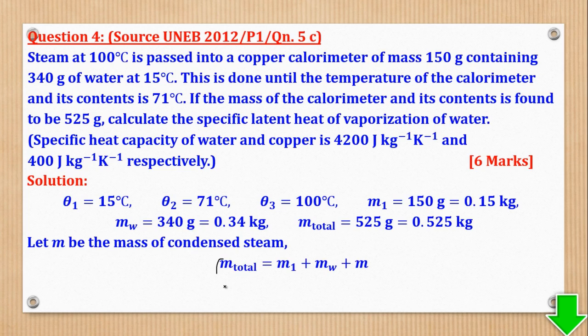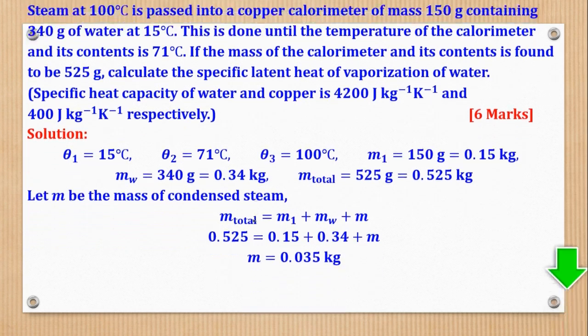It implies that the total mass is equal to the mass of the copper calorimeter plus the mass of water initially present plus the mass of the condensed steam. Remember, this increase is because as the steam condensed, it turned into water. So we shall look for the value of M. Now that we have got M, we can go ahead and make our illustrations.